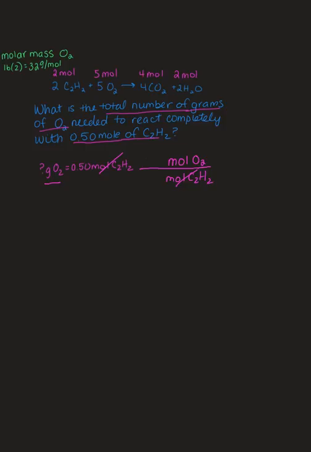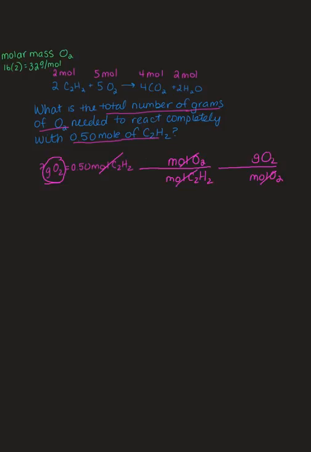Now I have moles of O2, but that's not what I want. I need grams of O2. So I'm not done. I'm going to set up another conversion factor. On the bottom, I will have moles of O2, which will cancel. And I'm going to use the molar mass to give me grams of O2, which is exactly what I need.